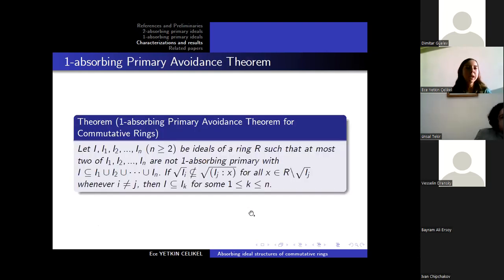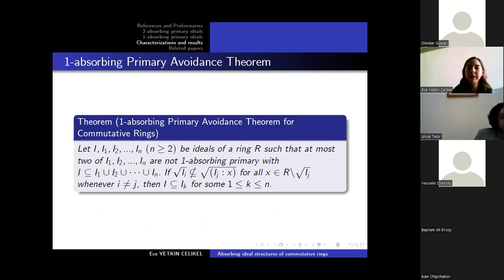And also, as I told you, I studied it in module theory. As a corollary of some result in this paper, I proved this theorem, the one absorbing primary avoidance theorem for commutative rings, analogous to the primary or prime avoidance theorem.